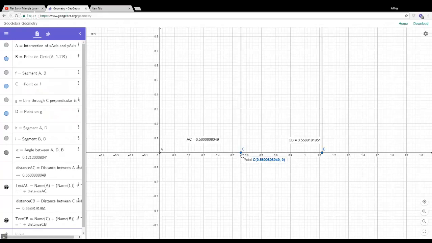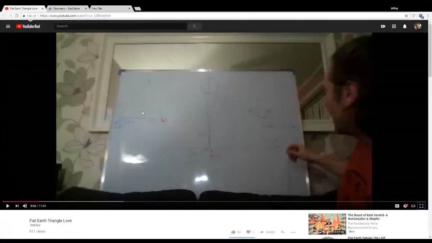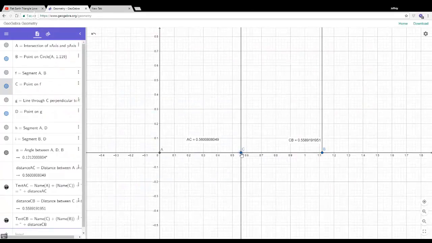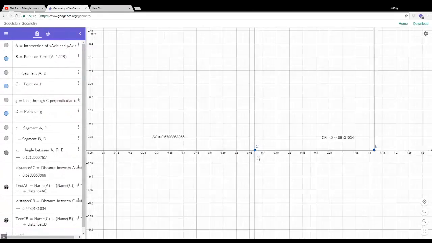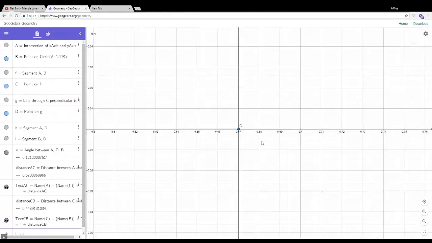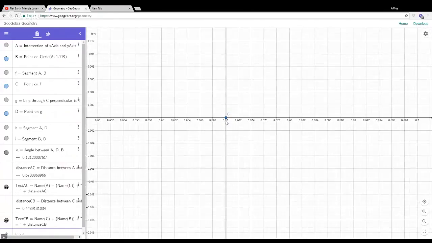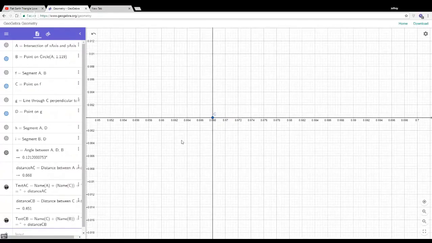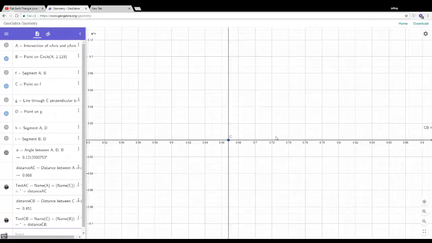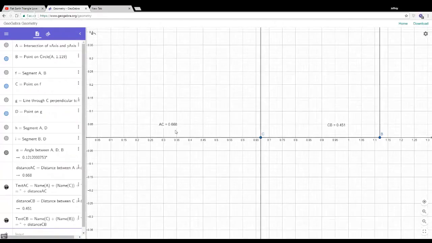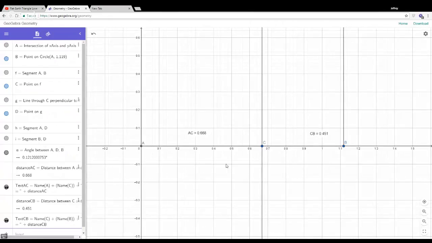And what Antonio Subirats is saying is that they actually had a scalene triangle, not an isosceles triangle to begin with. So there should be 668 and 451. So let's put this at 6.68. Okay, so we have 668 and 451.